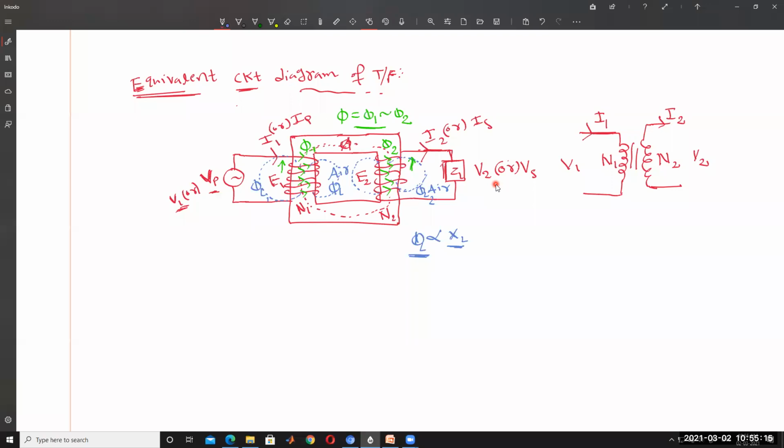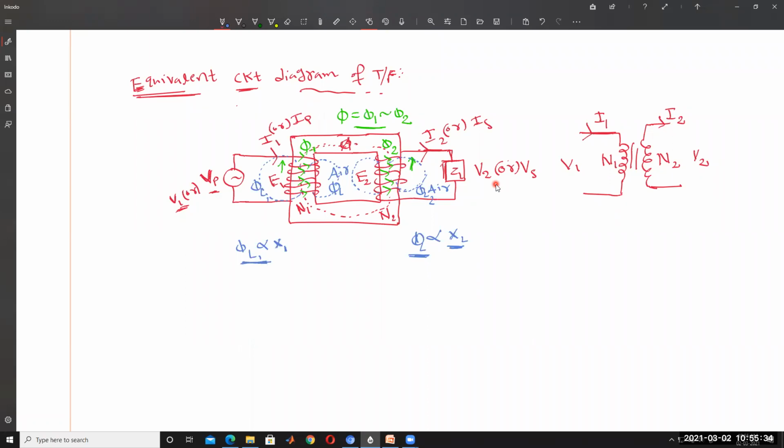Leakage flux is proportional to the leakage reactance. The transformer leakage flux phi L1 is proportional to X1, which is the primary winding reactance of the transformer.